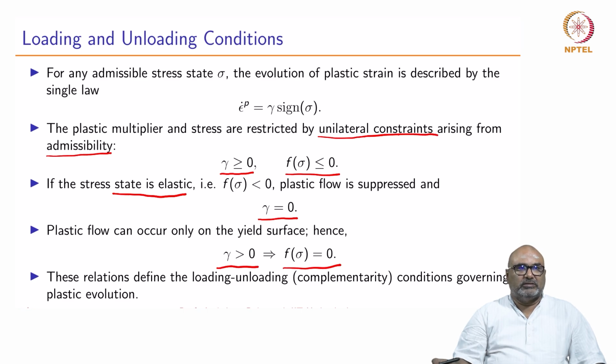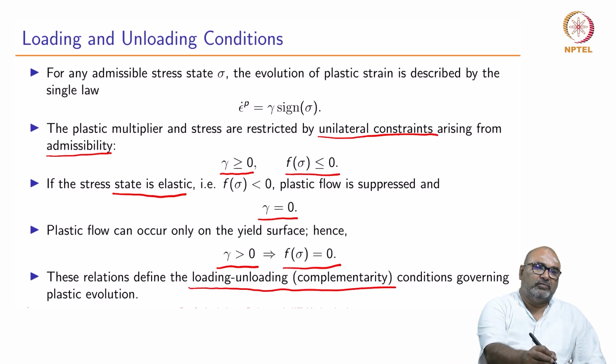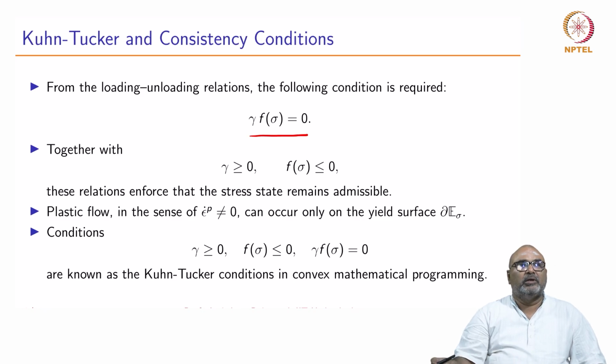So, these relations together define what are called the Kuhn-Tucker loading unloading conditions, which govern the evolution of the plastic process. From the loading unloading conditions we can put them together to write gamma times f of sigma equal to 0, and these conditions ensure that the stress state remains admissible.